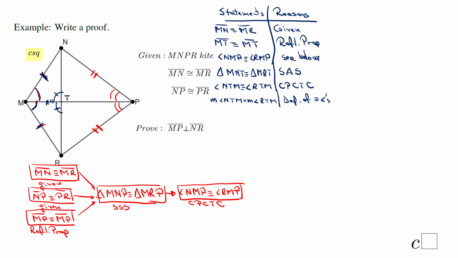Okay, and also, like I said, the measure of angle NTM plus the measure of angle RTM is 180 degrees, and this is definition of linear pair.